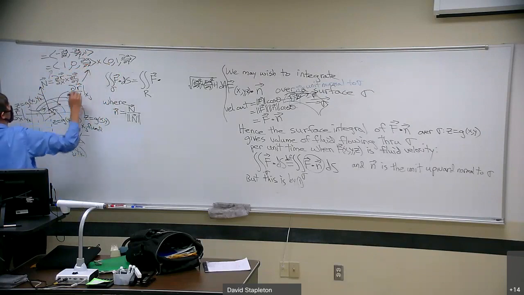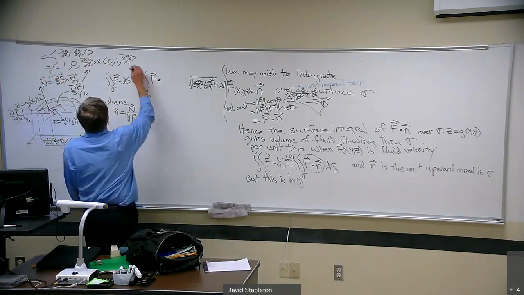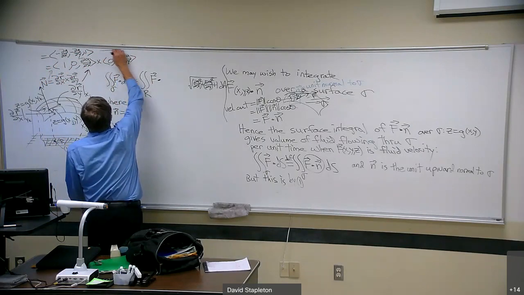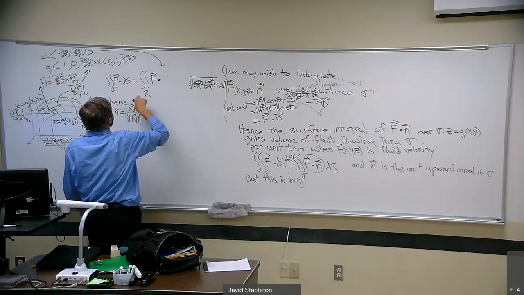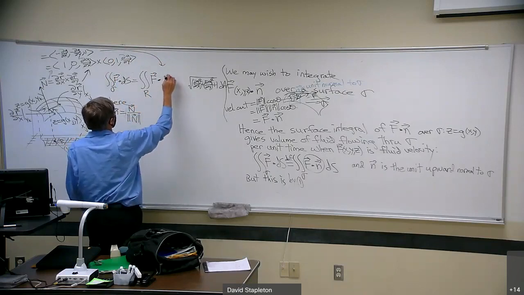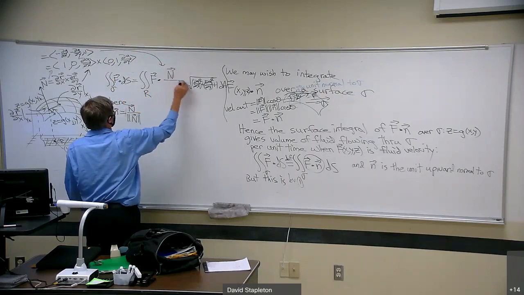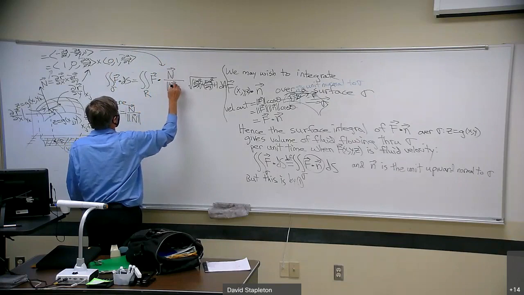Sorry, I'm really up this direction, I should have started at the top. N is then this vector: minus dg dx, minus dg dy, 1. And so what we have here, we'll put that in the next step: N over the length of n.